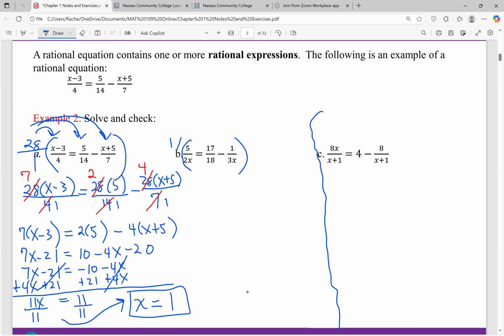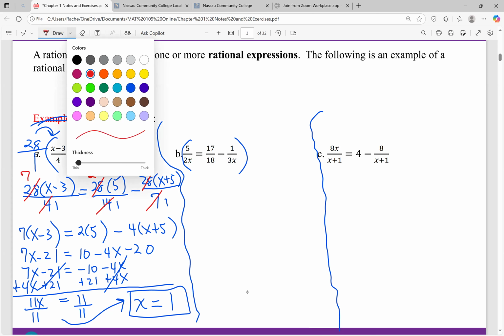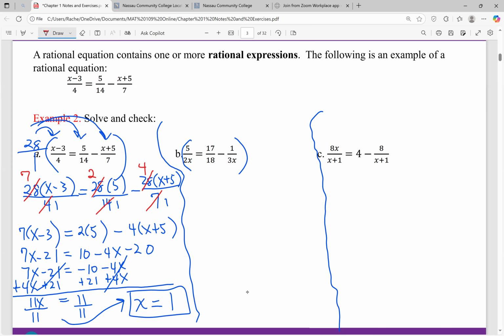And you know what? Let me plug that in red so we could see it better. So we're going to multiply the entire equation by 18x over 1, and then we have to distribute.